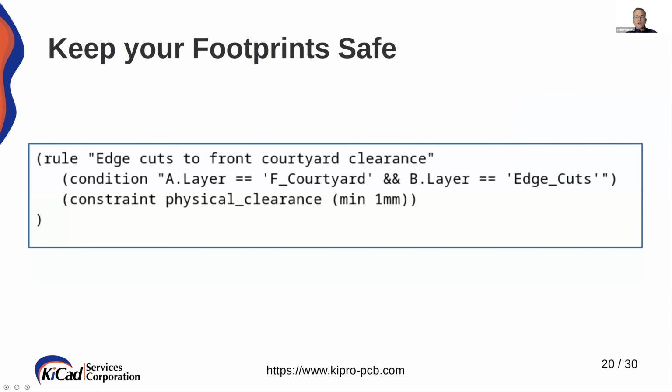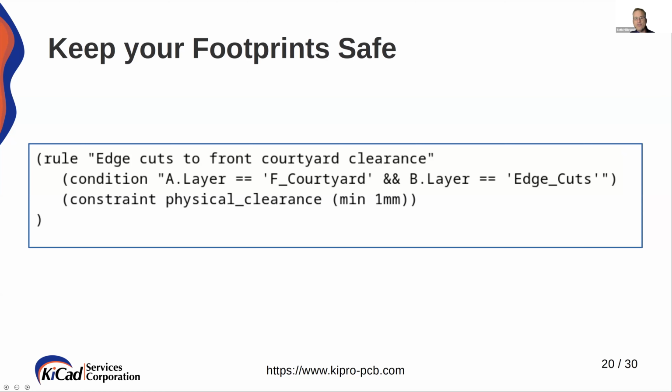How about footprints? You want to keep them away from edge cuts. Here, we're saying we need to actually keep footprints away from the edge of the board for fabrication reasons, or perhaps for usage. So you have some limits on where the footprint can be placed on your board. You want to codify that into your board itself to make sure that your design maintains the limit that you set.